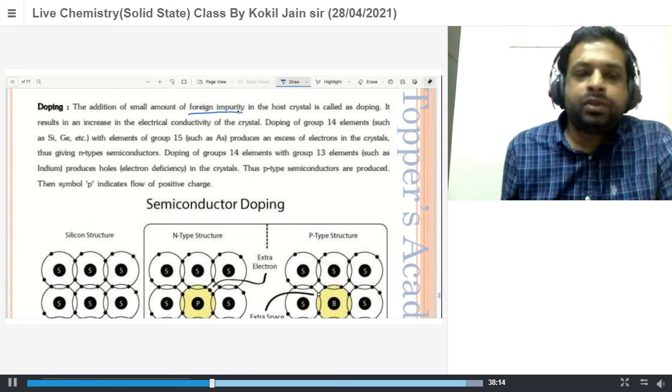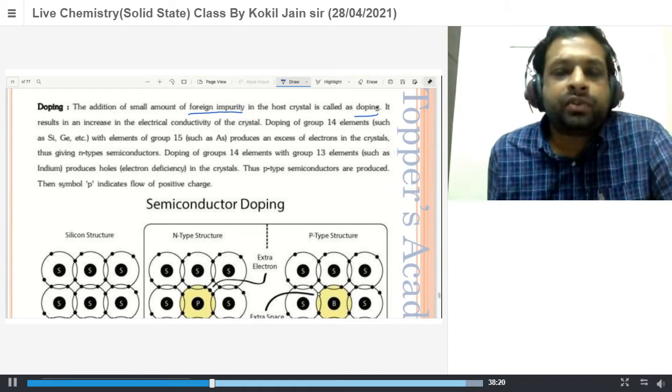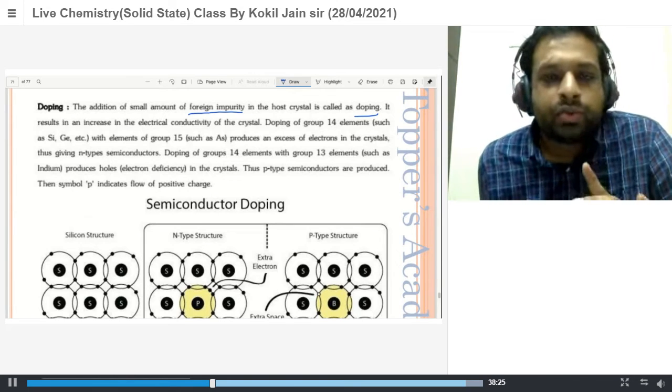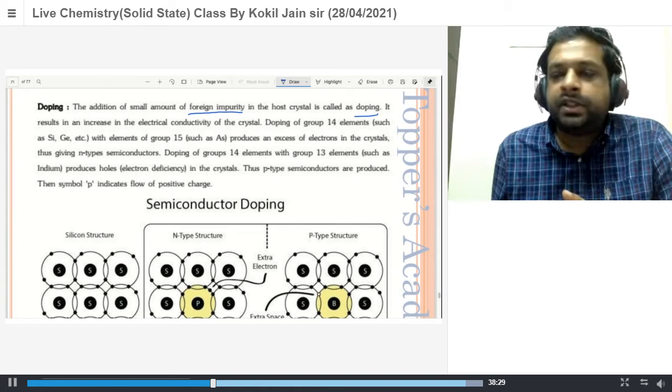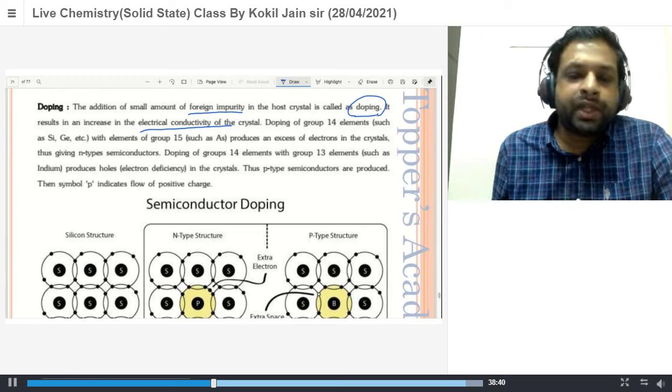Now, the definition of doping, I hope you understood. Addition of a small amount of foreign impurity in the host crystal is called doping. Due to this doping, these types of crystals also start to conduct electricity here. Now, we will see two types of doping.